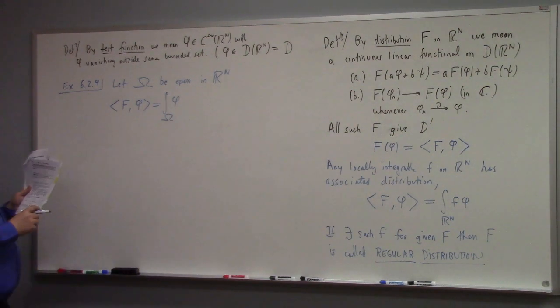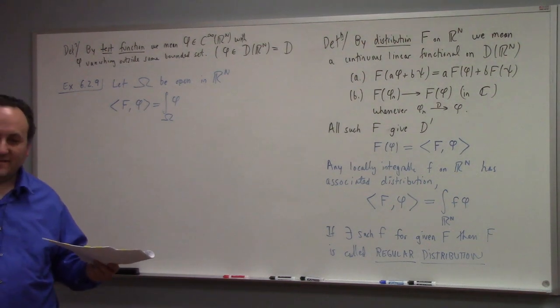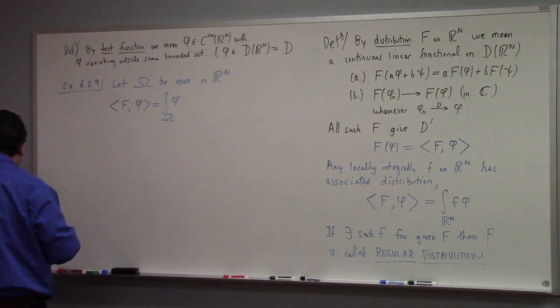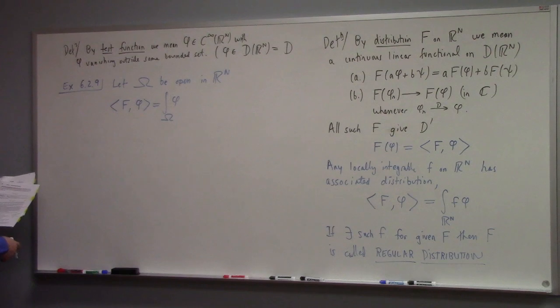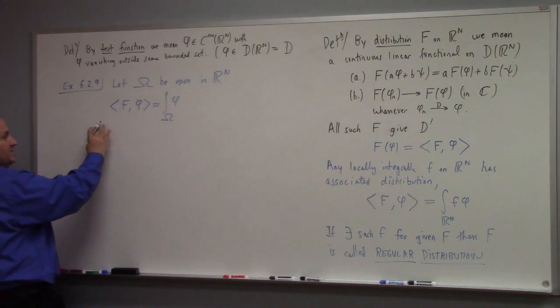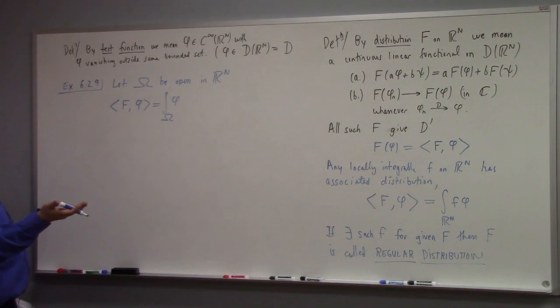That meant that you multiply phi by the characteristic function and integrate. That's a distribution. In fact, it's a regular distribution. Why? It's easy enough to check that this is a distribution. Is it linear? Yeah, because the integral is linear. And it's going to satisfy that limiting property if we get into it.